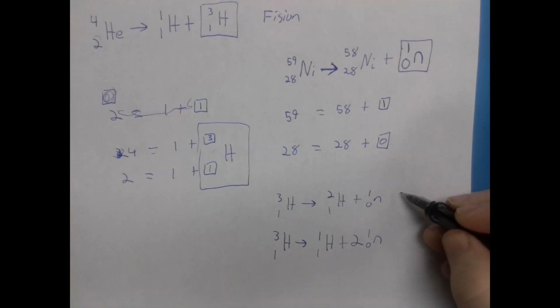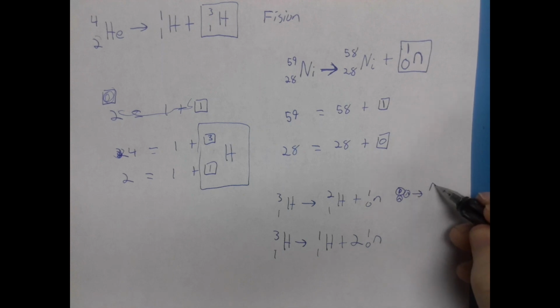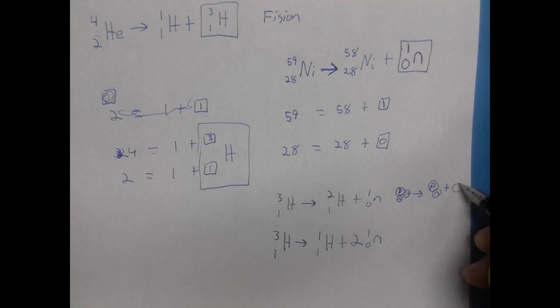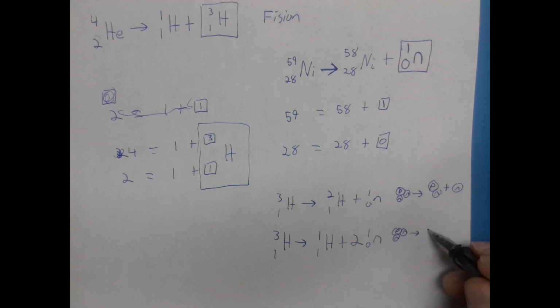So in this reaction, we have one proton, two neutrons, going to a proton and a neutron plus a neutron. In this one, we have a proton and a neutron, and we come up with a proton, or hydrogen, plus the two neutrons.